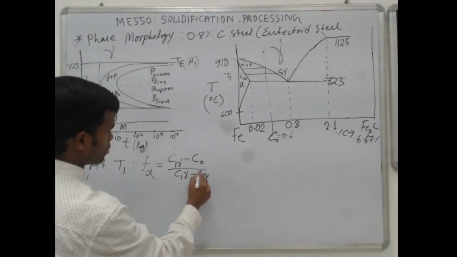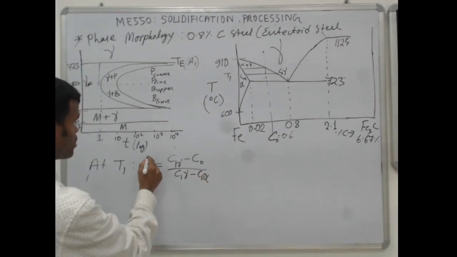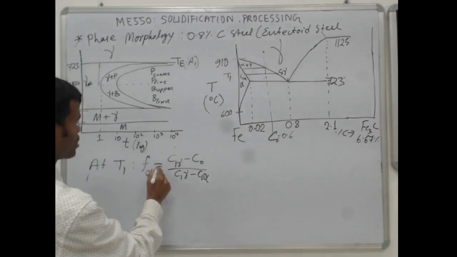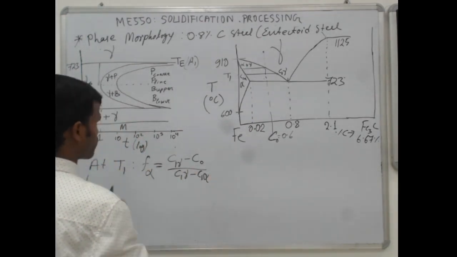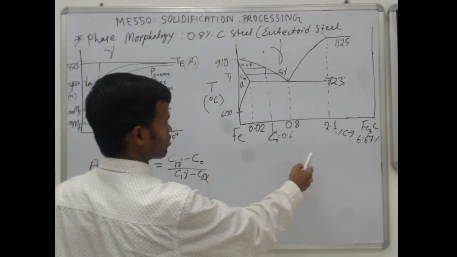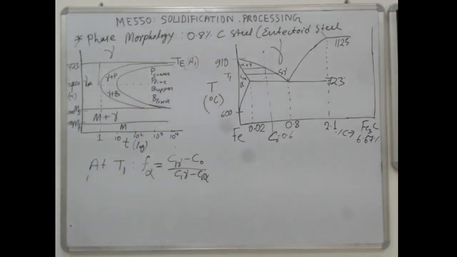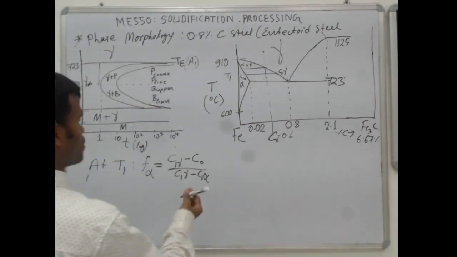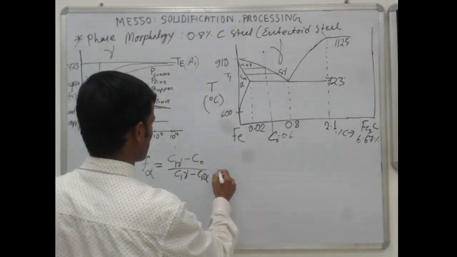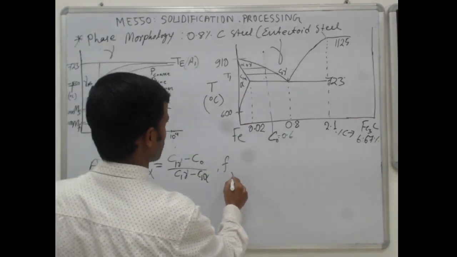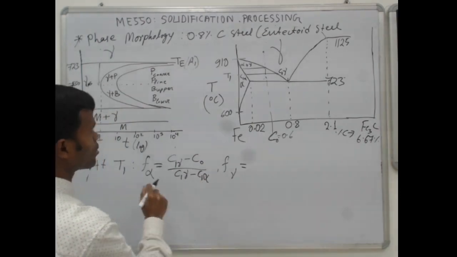So this will give you the fraction. If it is in weight percentage, it is the weight fraction. If it is in atom fraction, atomic fraction. And similarly you can find the fraction of austenite. This is nothing but the lever rule.